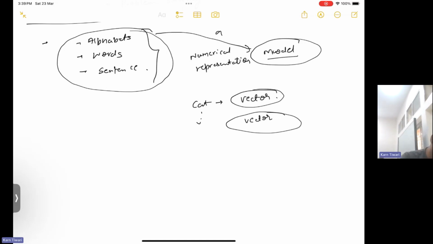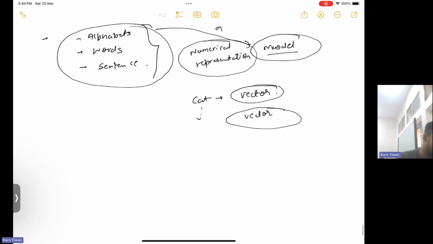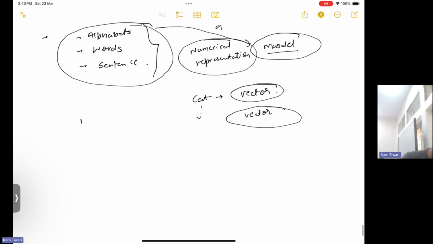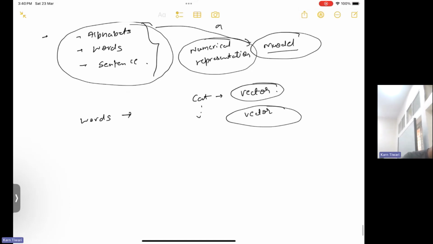Our model expects everything in numerical representation form. So we will look at how to convert words into numerical representations, numbers or vectors. This is the main challenge: what's the best way of converting it?